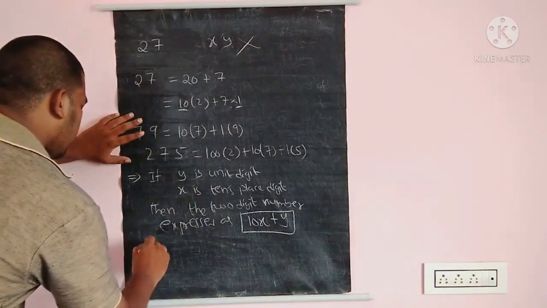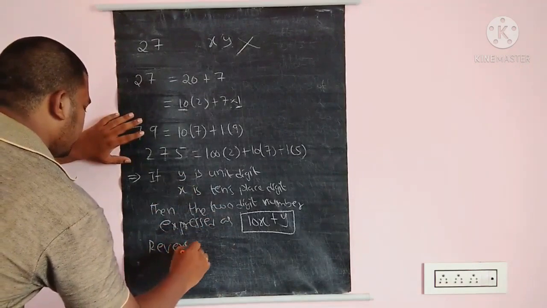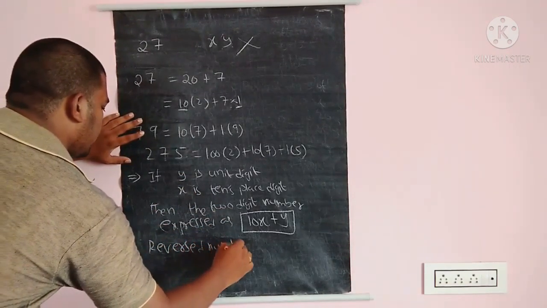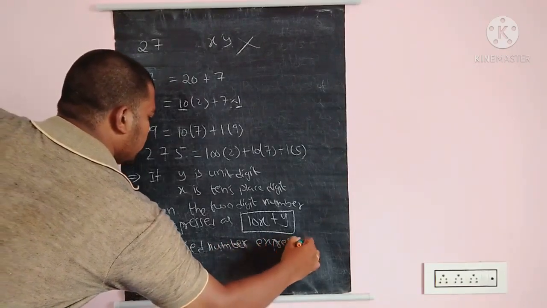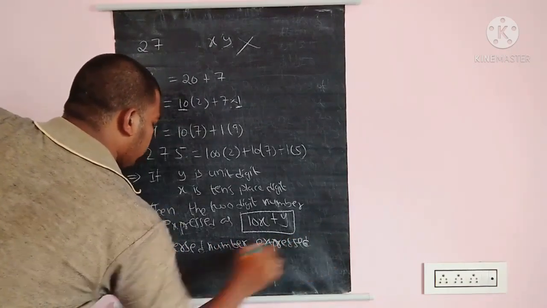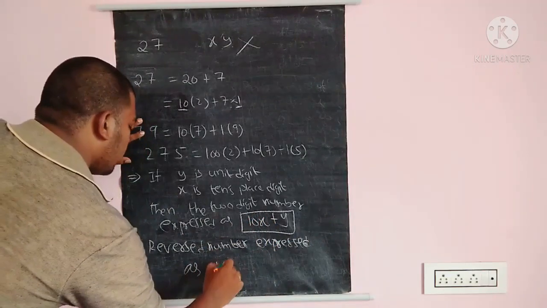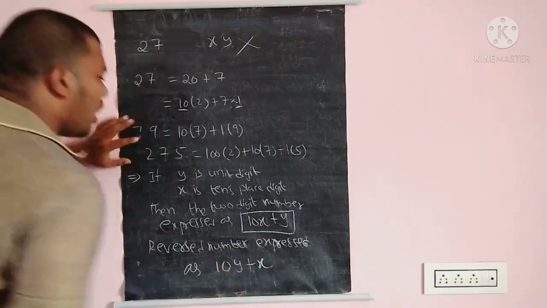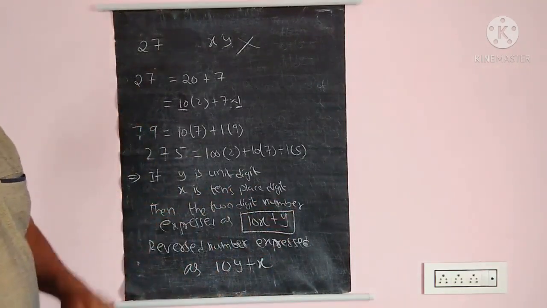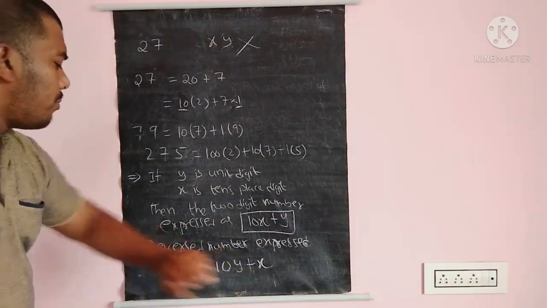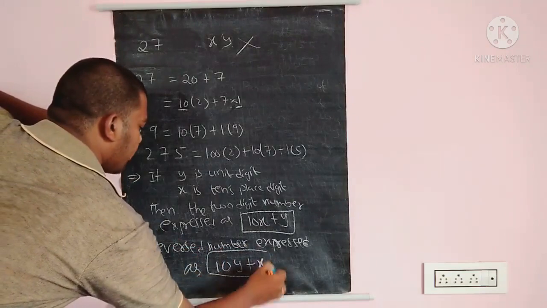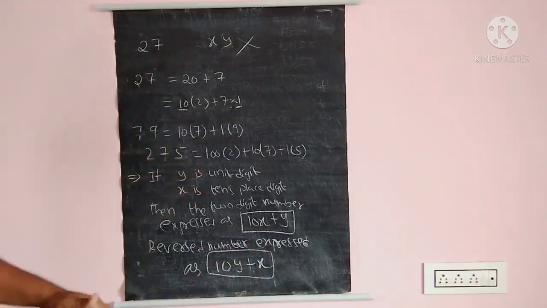So the reversed number is expressed as 10y plus x. Why? Because y was the units digit, but when reversing it went to the tens place, so 10 into y plus x. So this is the reversed number. When you are writing 10x plus y, remember that y is in the units place and x is in the tens place.